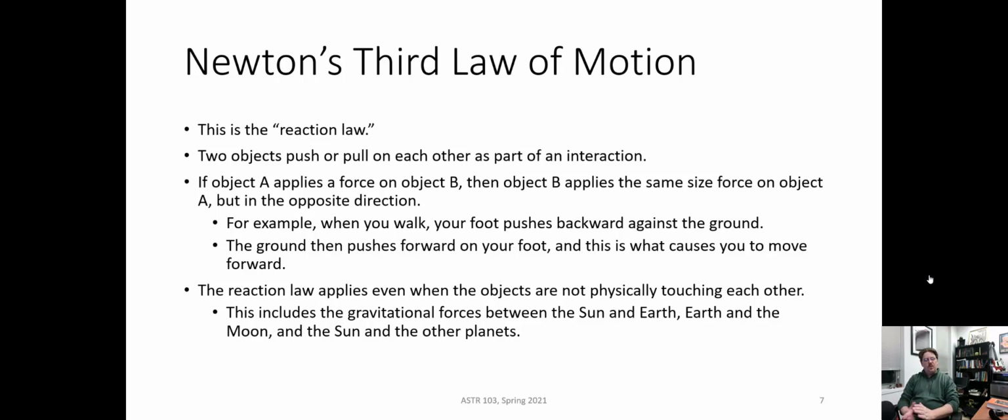The reason that really works is, again, you're pushing on the Earth with a certain force, and the Earth is pushing on you with a certain force. Obviously, there is a large discrepancy in mass. Because you are far less massive than the Earth, your acceleration is going to be far larger than the acceleration of the Earth. But in a very real sense, you are moving the Earth when you walk.